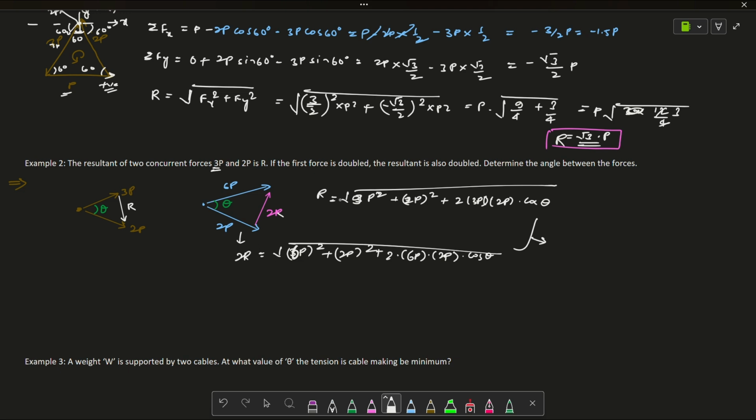If we multiply by 2 on both LHS and RHS, these two equations can be equated as one. So now we can write 2 square into R square, squaring both sides and equating both of them.